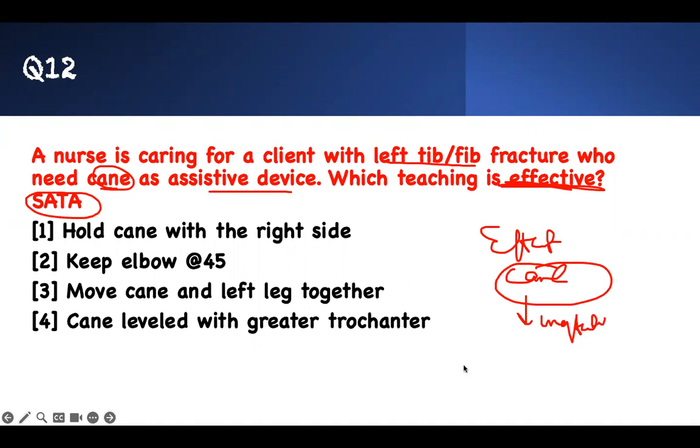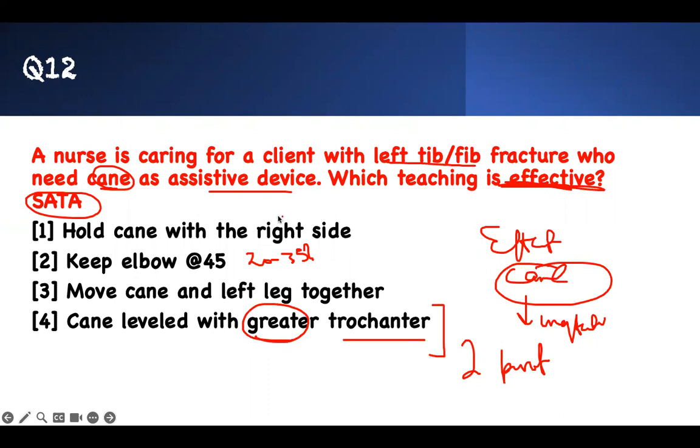You move the affected side and the cane together, then you move your unaffected side. You always have two points on the ground. Your elbow should be flexed to 20 to 30 or 35 degrees. The greater trochanter is where you measure the height.